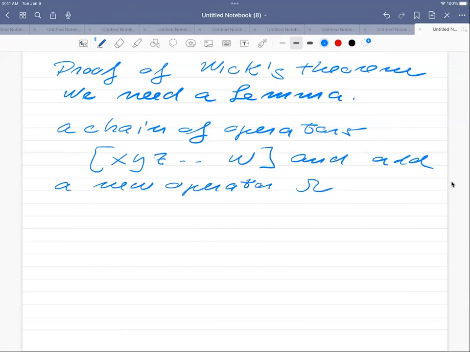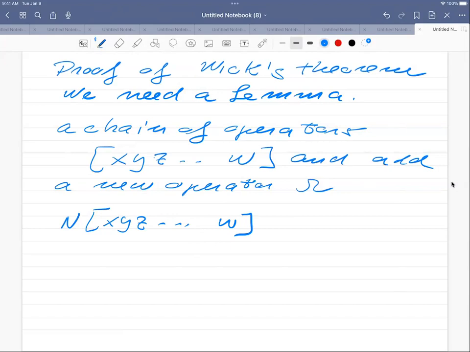Then what we have is the normal order product of x, y, z, which we had before. Just keep in mind that what we have shown is Wick's theorem for 2, 3, and 4 operators. So we can think of having the theorem for this example with 4 operators, and we just add a new one, and we want to see whether the theorem holds. So we need this lemma.